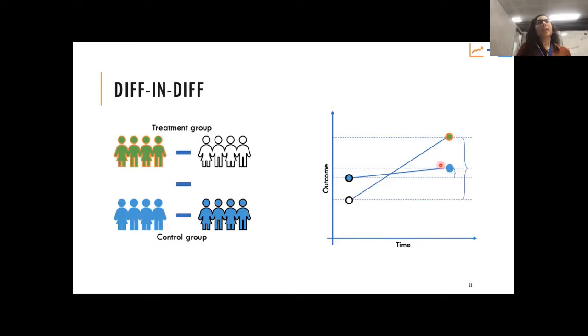And this difference, this extra bit that our treatment group grew, we can say is just because of our treatment. That's why it's called the parallel trend assumption. They would have grown at the same rate, so this line and this line are the same in the absence of the treatment.